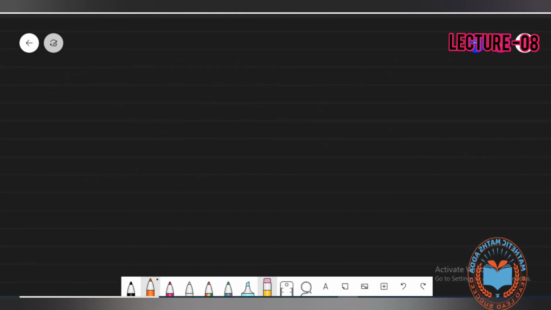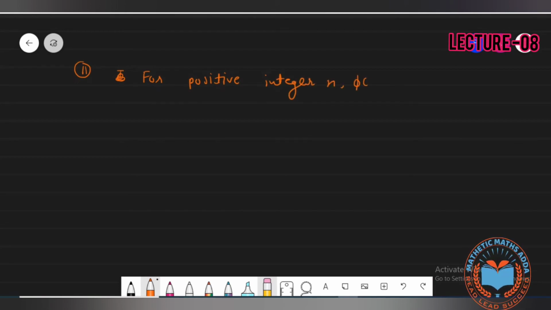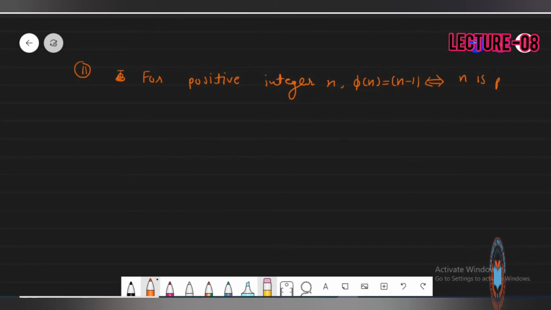Now the second rule is for positive integer n, phi(n) is equal to n minus 1 if and only if n is a prime number.